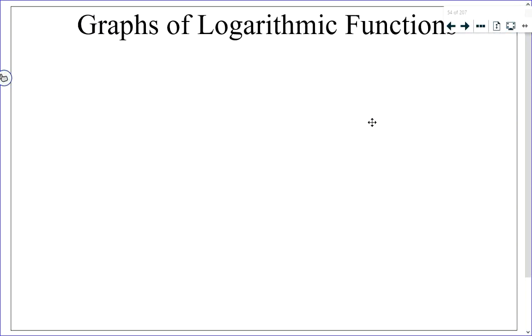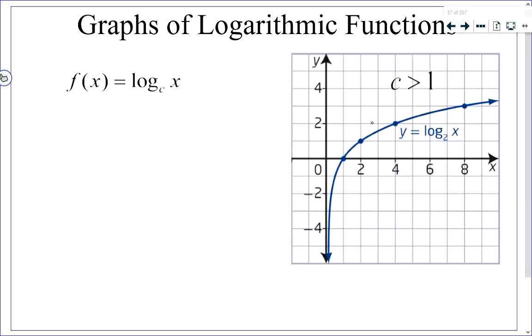Now, what about the graphs of logarithmic functions? You're expected to know what the graph of y equals log base c of x looks like if c is greater than 1. It looks like that. This happens to be log base 2 of x, and there is a vertical asymptote on the y-axis.